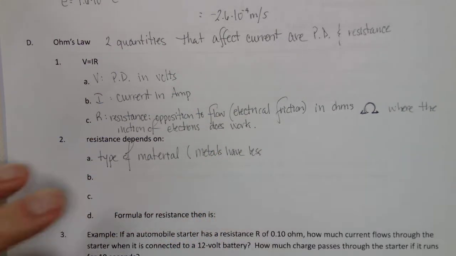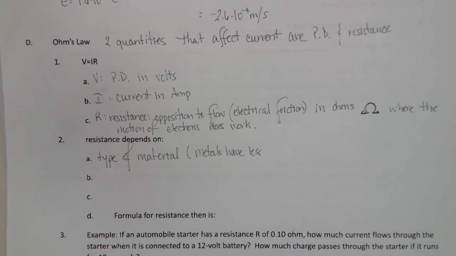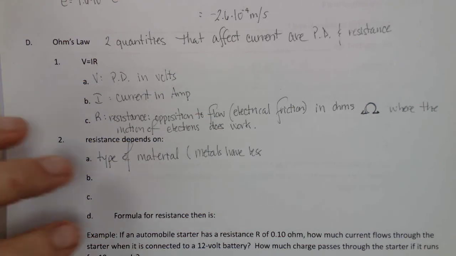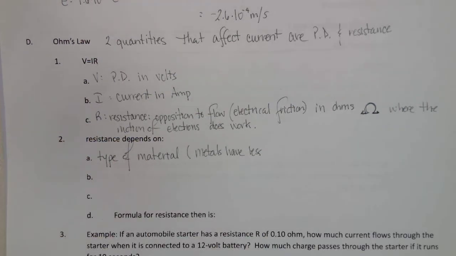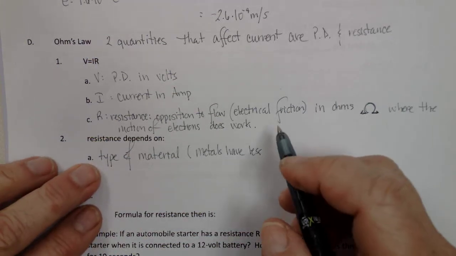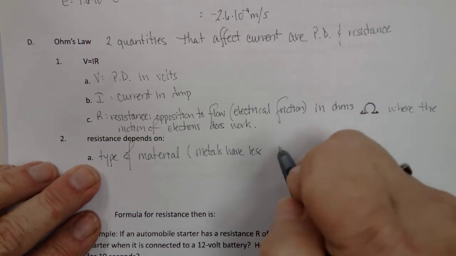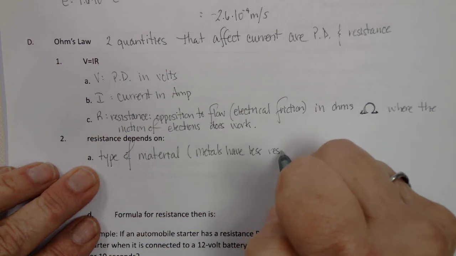Don't think of resistance as the free electron density. Don't think of resistance that way. Resistance is about how the electrons interact with that particular material itself, not about how many electrons are involved. So it's the type of material, and metals have less resistance than nonmetals.